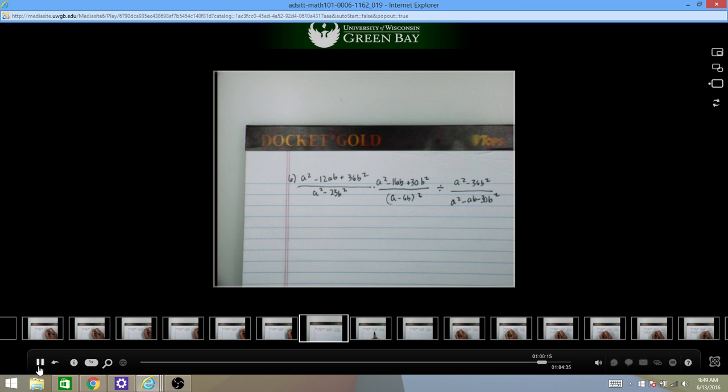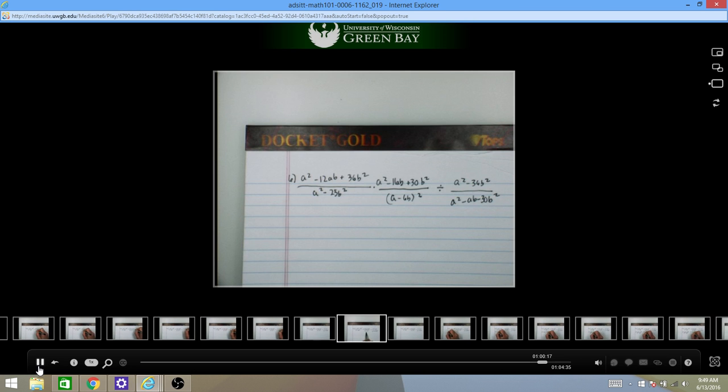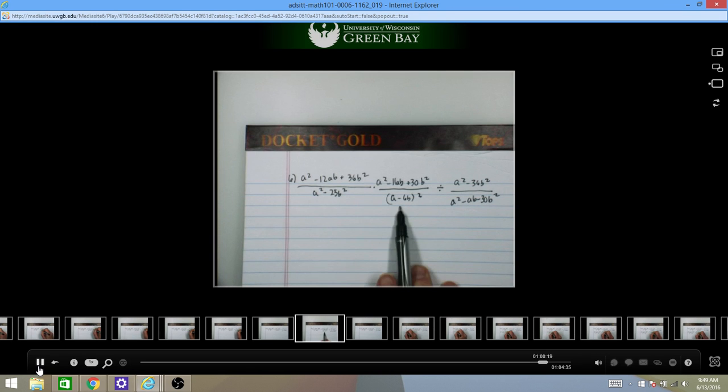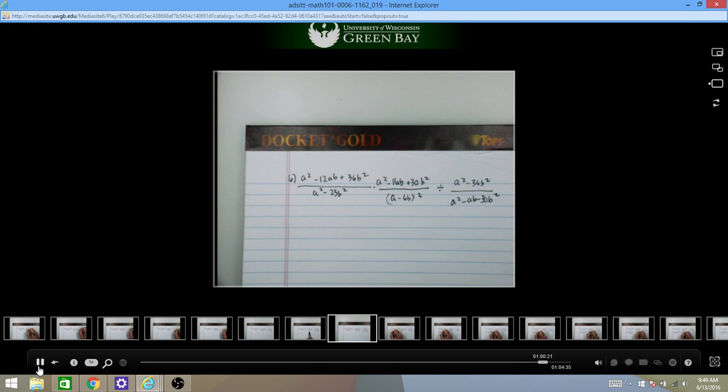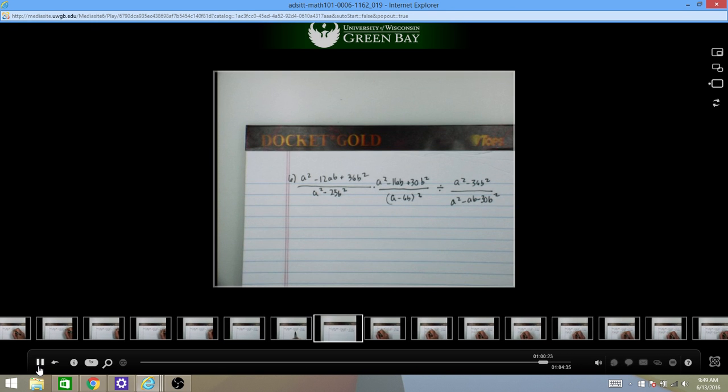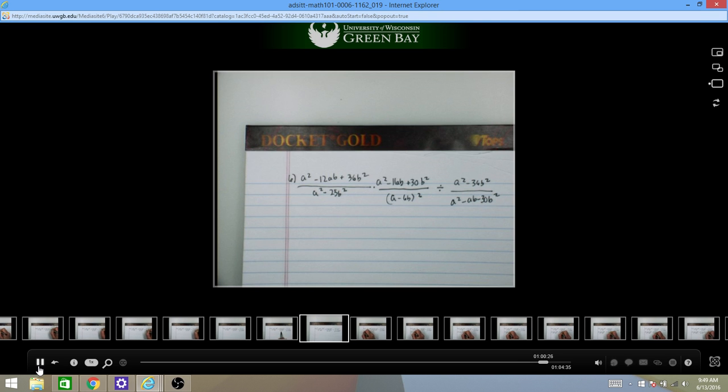So this is an 11AB right there. So I'll go ahead and flip this last fraction over and change to multiplying.